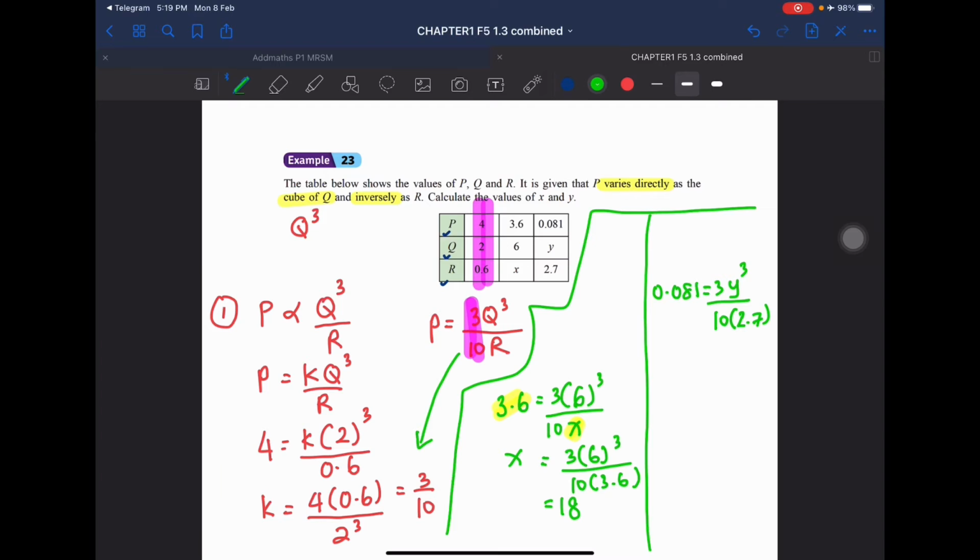So the value of y is equals to 0.081 times 10 times 2.7 divided by 3 and cube root. So you press your calculator and your answer will be 0.9.